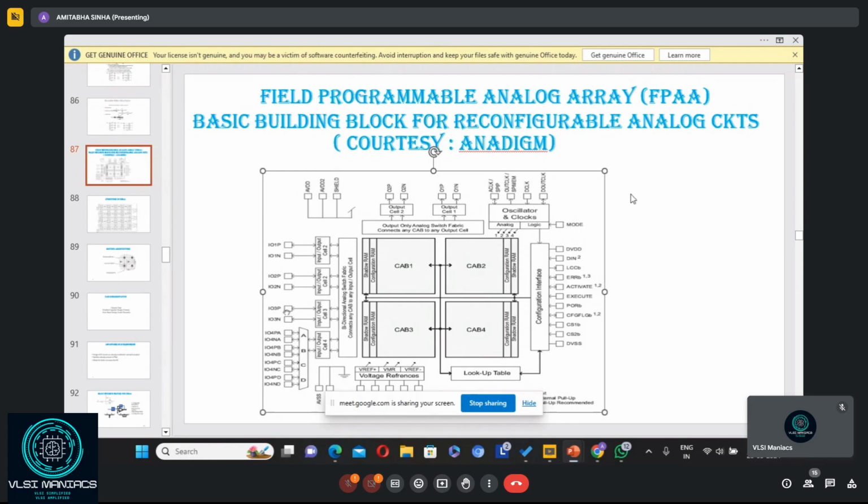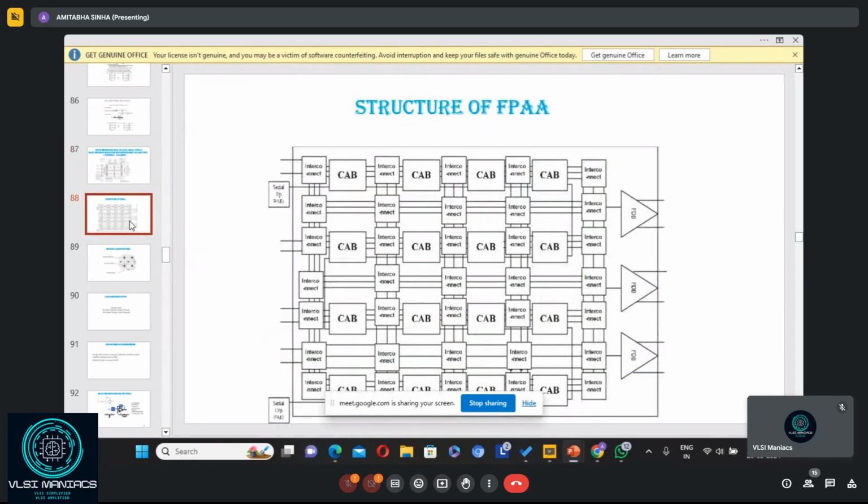So there are three major building blocks: inputs and outputs, CABs, and routers or switches. Now, apart from that, there are some oscillator circuits for clock generators and so on. Then voltage references and the voltage controlled oscillator will be there. These are the minor portions. So this is the structure of FPAA.